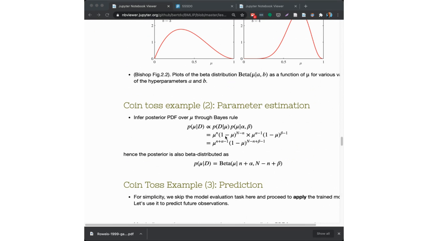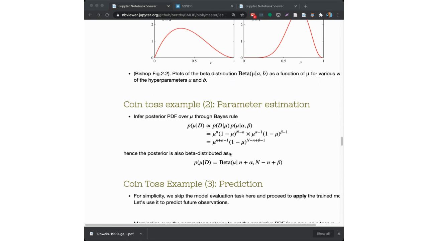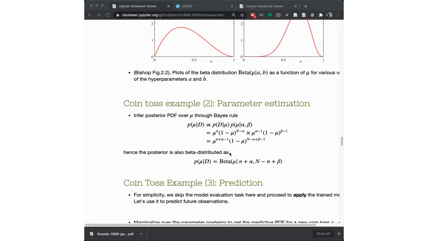And I know it's going to be a beta distribution, because Bayes' rule will make sure that the left-hand side is going to be normalized. And the only distribution that fits this template of mu to the power something, 1 minus mu to the power something, that's the beta distribution. So I'm not going to have to actually calculate that normalizer, because Bayes' rule will take care of the fact that this is going to be normalized.